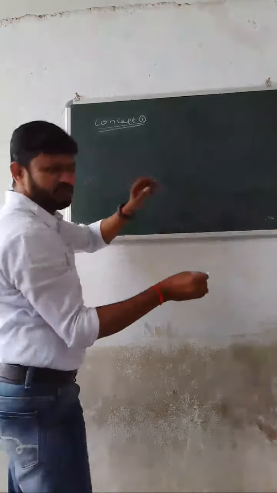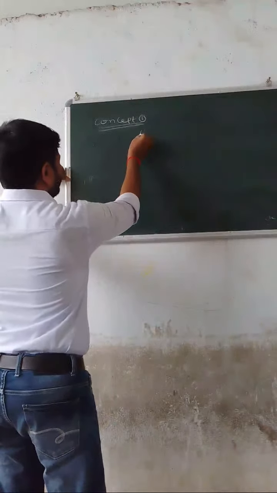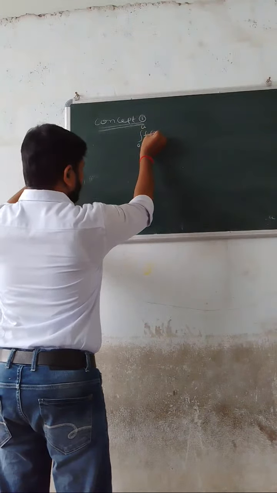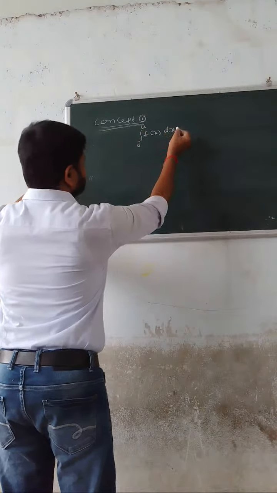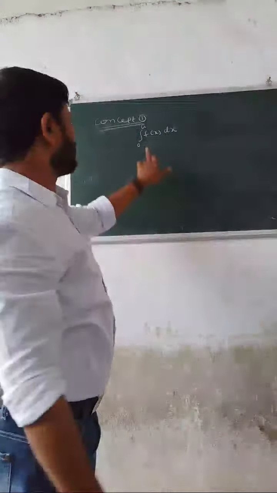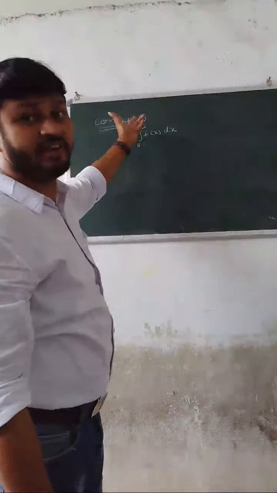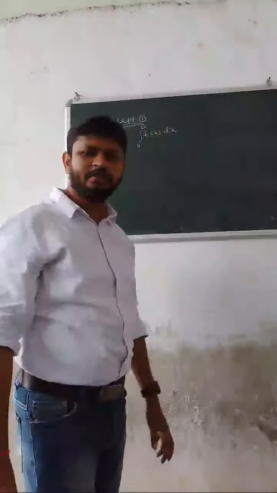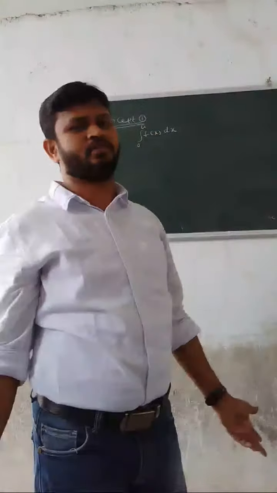You already know that every question is 0 to a f of x dx. These are the limits. That is definite integration. f of x means a function. We integrate it.